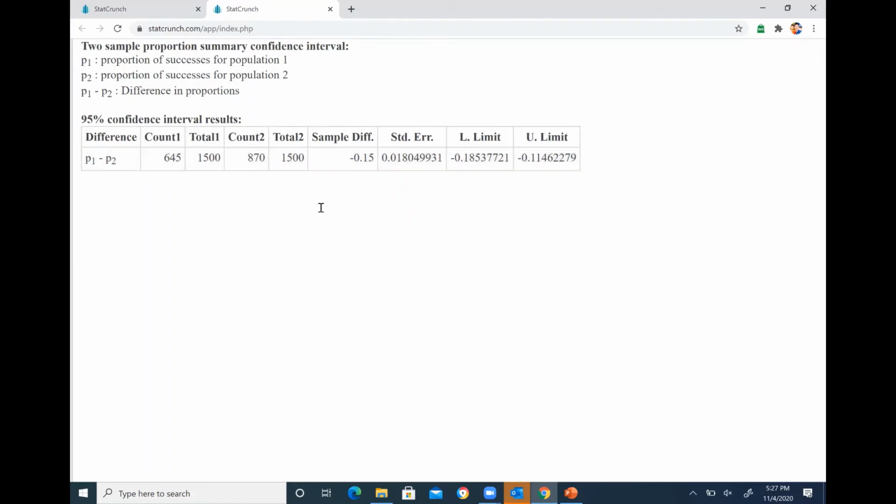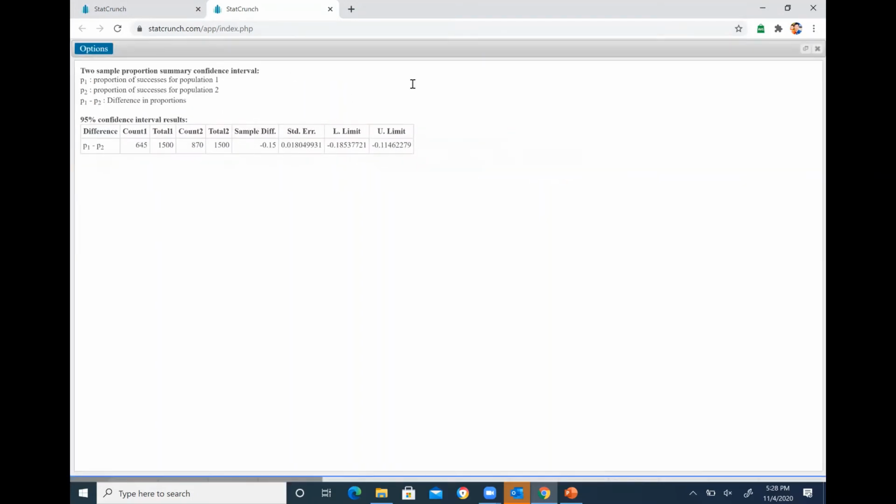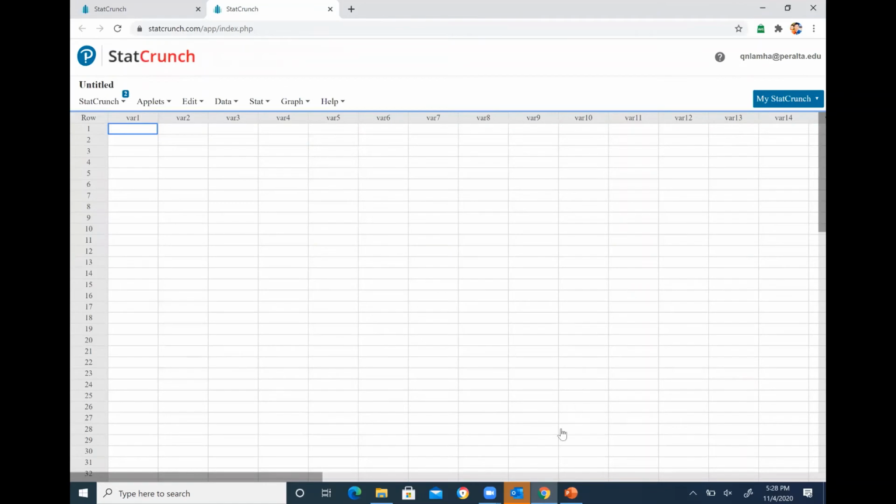And again, it really doesn't matter which is P1. What comes first, you write first. So the year 2002 goes first, we write that first. So let me go back. Close this one. That's the idea for you to run StatCrunch.